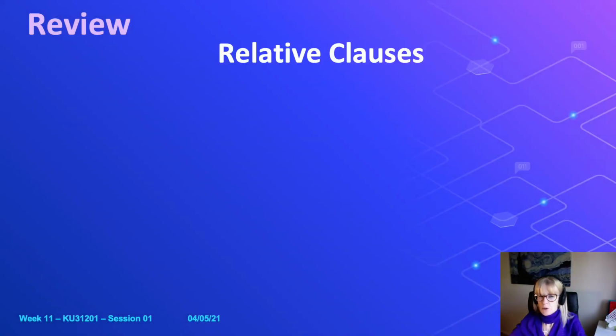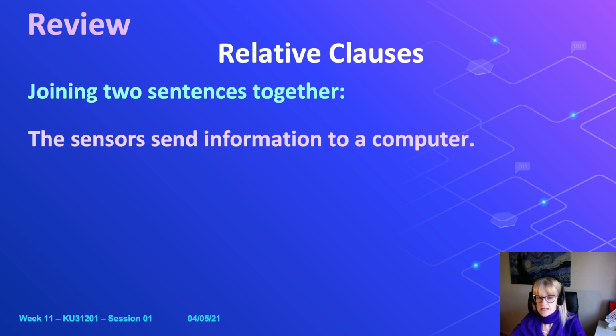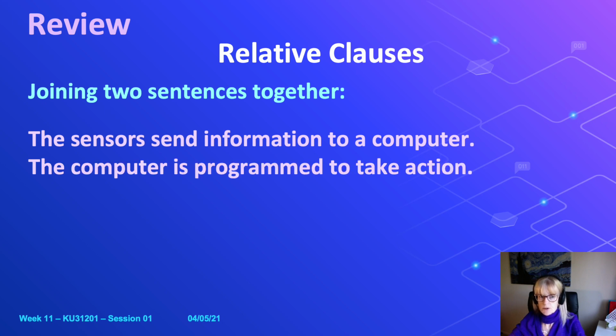So if we do a quick review of relative clauses, there were two main times that we use relative clauses. They can join two English sentences together. So we have two sentences here. The sensors send information to a computer, and the computer is programmed to take action. So what we can do is take that second sentence and turn it into a relative clause and join it to the first sentence using a pronoun.